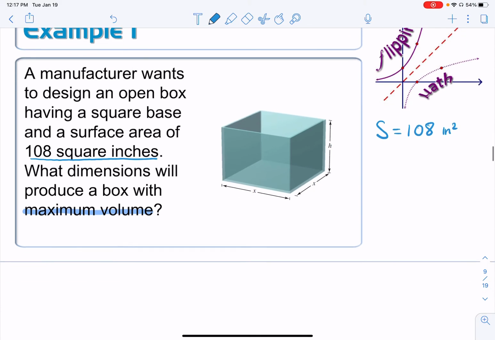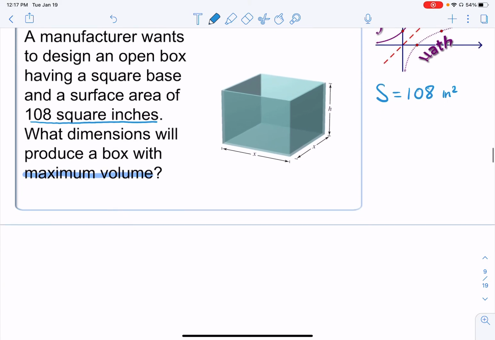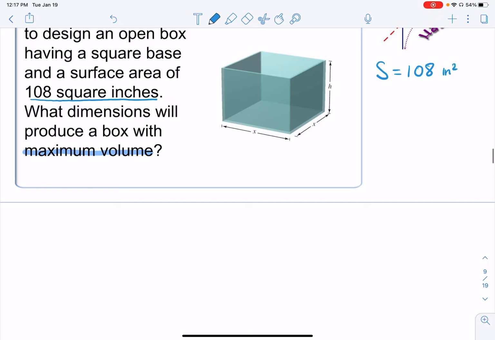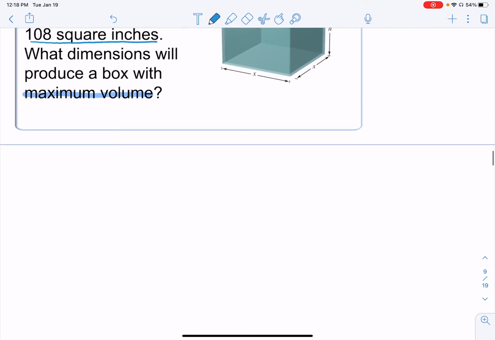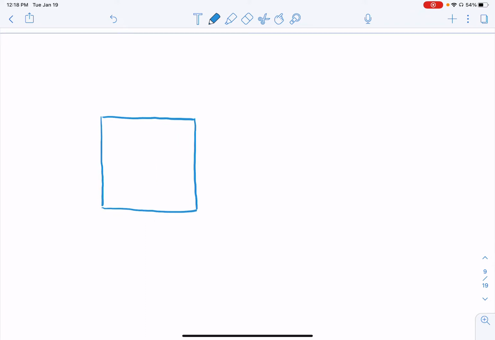All right then, and maybe I expand out this picture just a little bit. I'm going to draw a net because I have a feeling, kind of like the other question, it's going to come in handy because we are talking about surface area here. So let's draw a net for this thing. It's a big square on the bottom, right? Because it's supposed to be an x by x. And then you have these rectangular pieces off of each one of these little sides right here.